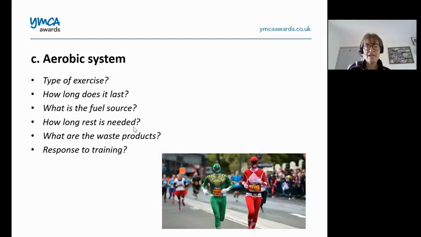And then finally, you've got your aerobic system. Again, what are the examples of that kind of exercise? How long does the aerobic system keep working for? What fuels are used? And in what order are those fuels used? Think about rest times needed.